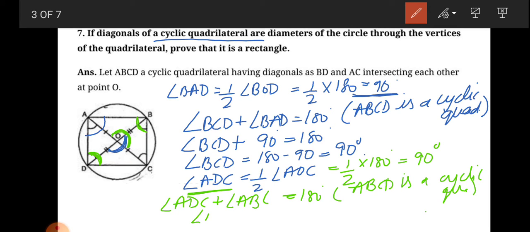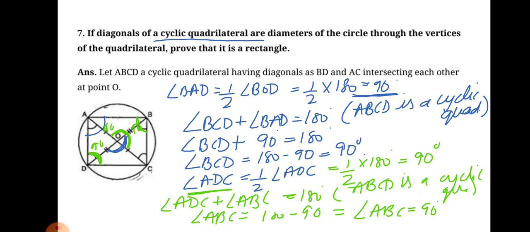So the value of angle ABC is 180 minus angle ADC. The value of angle ADC is 90. So the value of angle ABC is also 90 degrees. Hence, each interior angle is 90 degrees. We proved. So if each interior angle of a cyclic quadrilateral is 90 degrees, hence it is a rectangle.